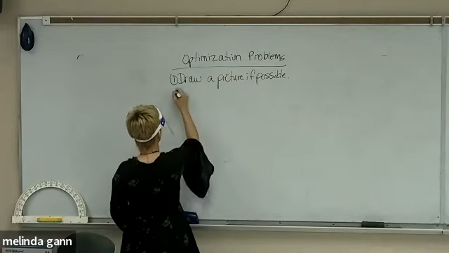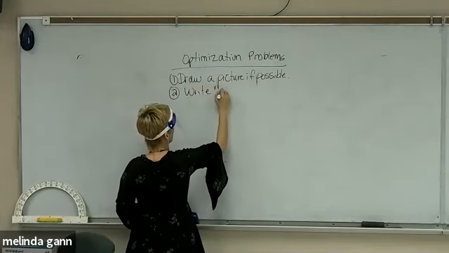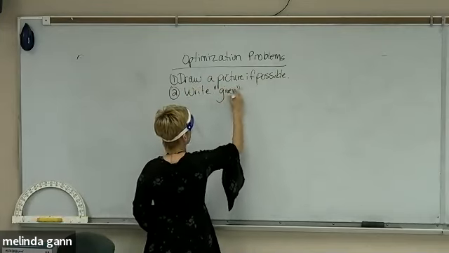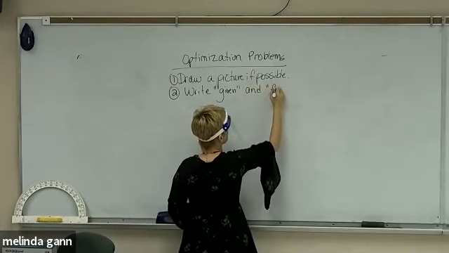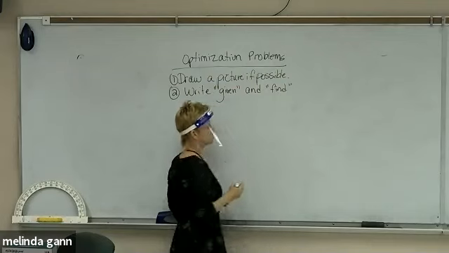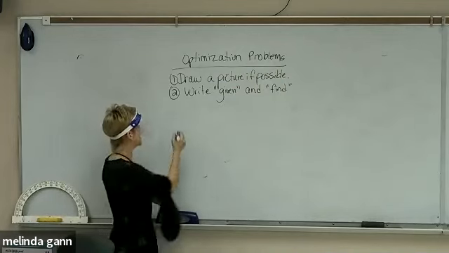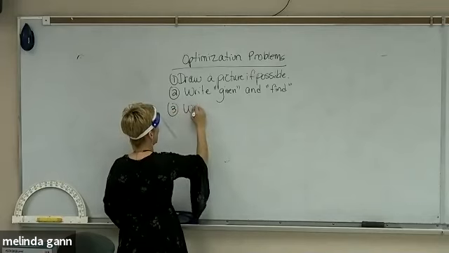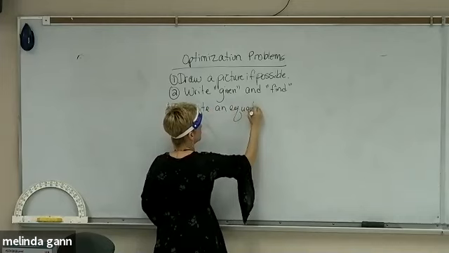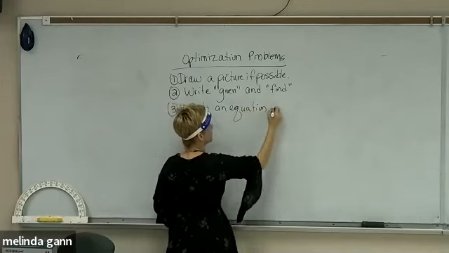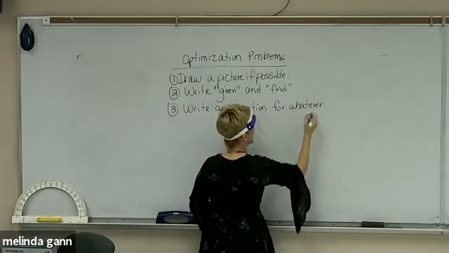Now, again, I'm going to write down my given and my find. That just helps me organize. What do I know? What do I not know? Then my suggestion would be to write an equation for whatever you're maximizing or minimizing.